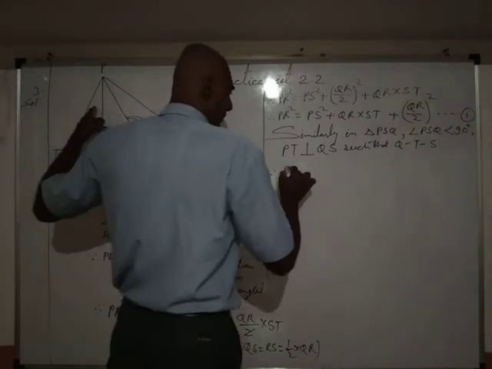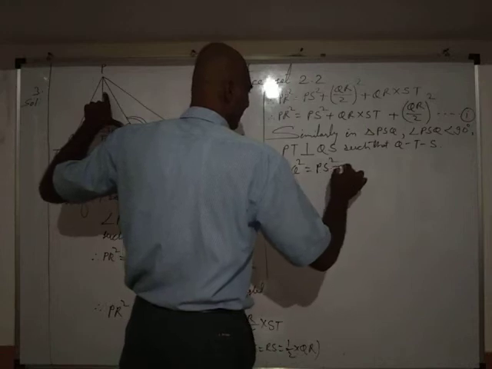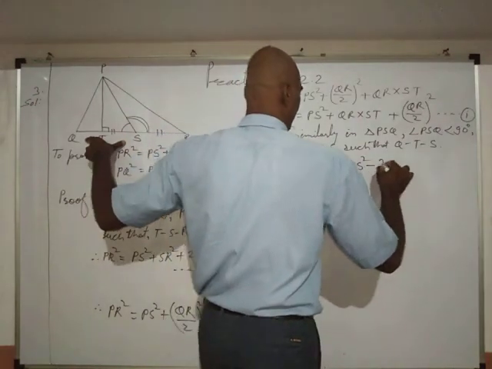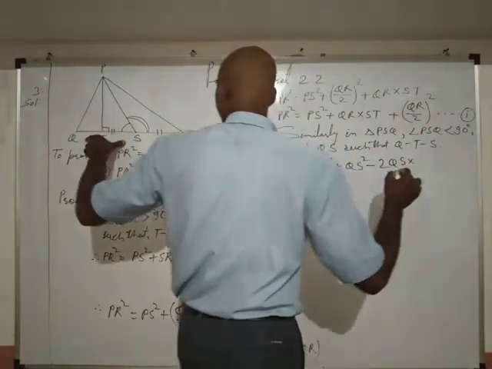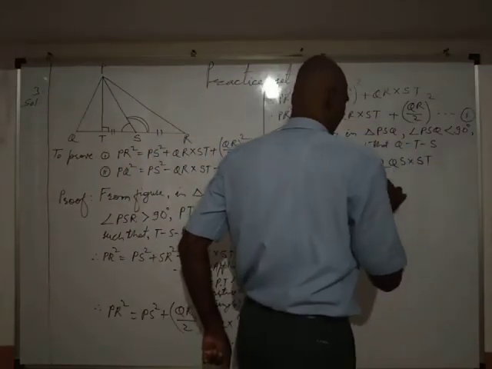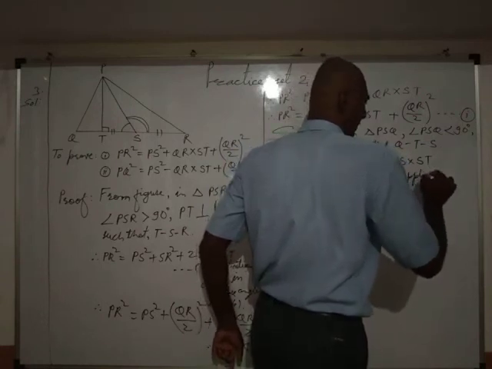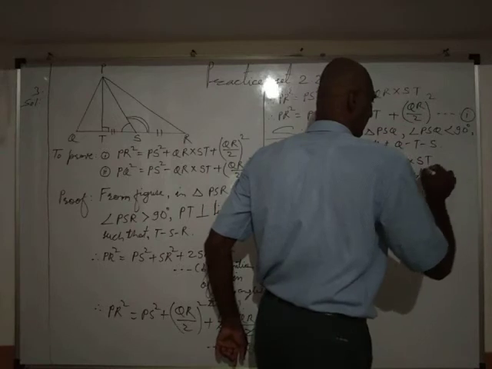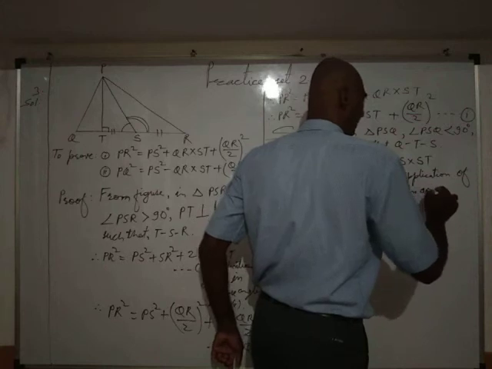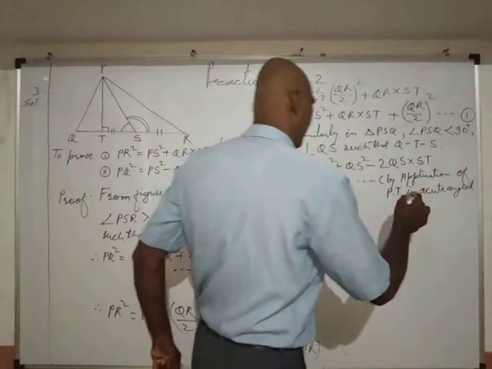That's why PQ square equals PS square plus QS square minus twice of QS into ST dash, by application of Pythagoras theorem in acute angled triangle.